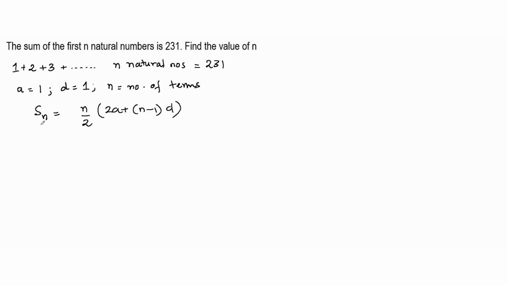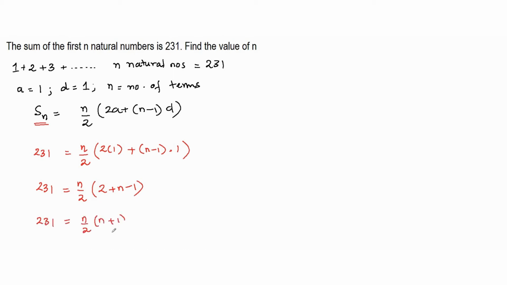So what are the different quantities that I know? I know Sn is 231, is equal to, n is what we are supposed to find, so n upon 2 times 2a, so 2 times 1, plus (n - 1) times d, d is also equal to 1. So 231 becomes equal to n upon 2 times (2 + n - 1), and therefore 231 is equal to n upon 2 times (n + 1).